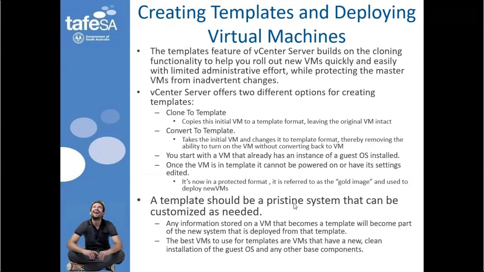When we say pristine, it means don't use an old system that's been running for all this time to make a template. Templates are for deploying new systems, and you want them to be the best they can be. So deploy from a brand new one.